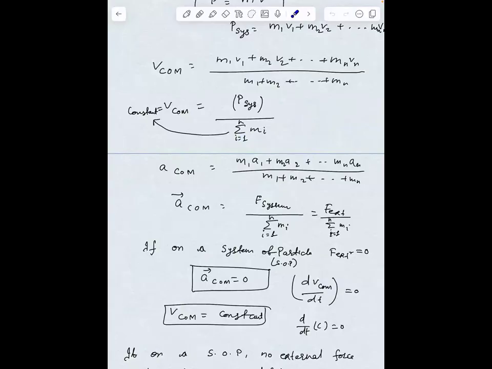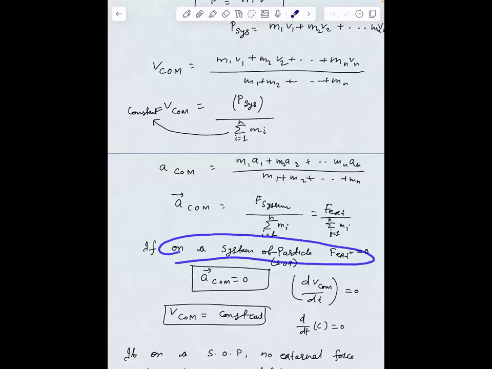I started from the r coordinate of the center of mass, which is m1 r1 plus m2 r2 up to mn rn upon m1 plus m2 plus up to mn. Then we differentiated and got velocity, differentiated velocity and got acceleration. If acceleration is zero, force is also zero: no external force acts on the system.